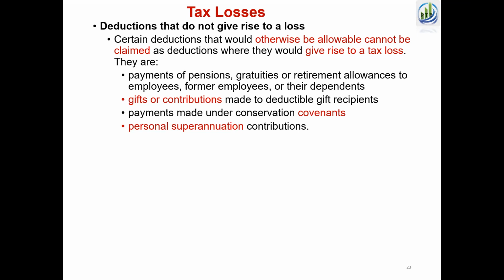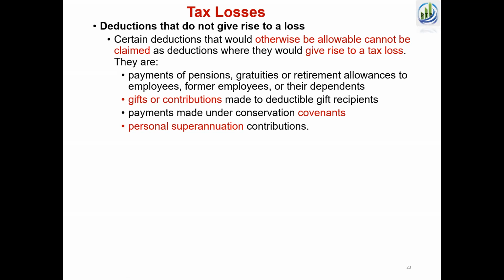Personal super contribution is 25,000. So how much can we deduct from this 20,000? Maximum you can deduct for your personal super contribution only $20,000. So now your taxable income is zero, but how much do you deduct from your super contribution? Only $20,000. So what happened? That $20,000, only that you can deduct from your income tax. That balance 5,000 is going to be forgone. It means you lost that $5,000 deduction. You cannot carry forward to anything.